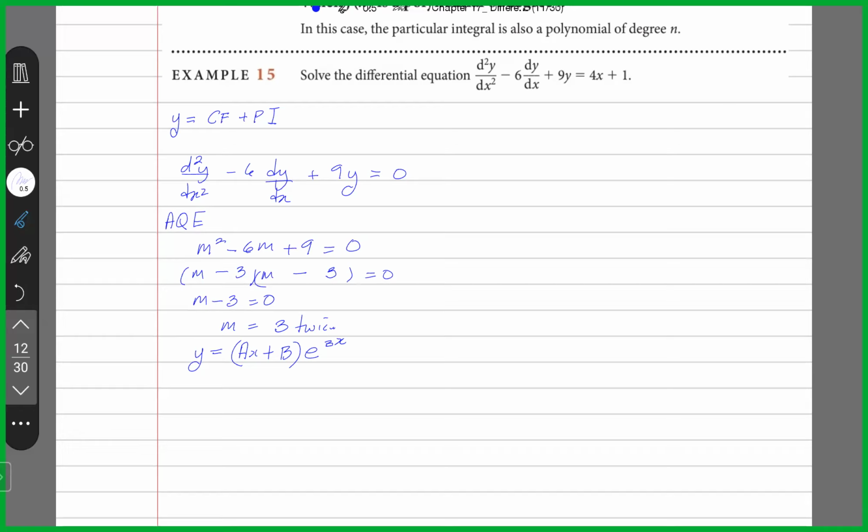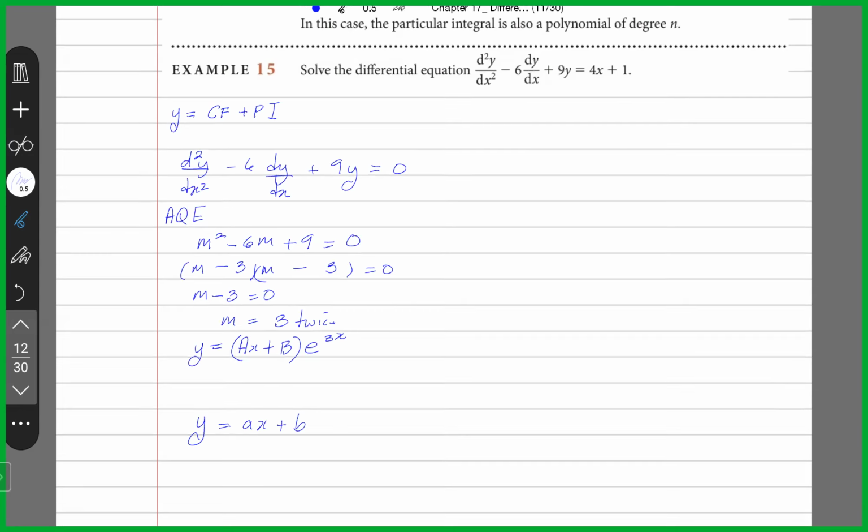Now for the particular integral, the solution is y is equal to, let us say, ax plus b. In other words, the solution is of the same form as f of x. F of x is a linear expression, 4x plus 1, and the solution is also a linear expression, ax plus b.